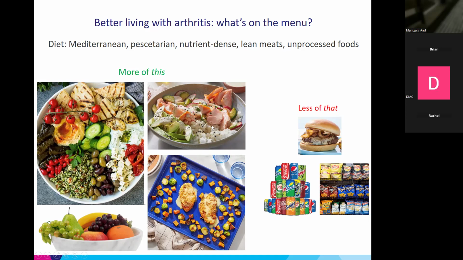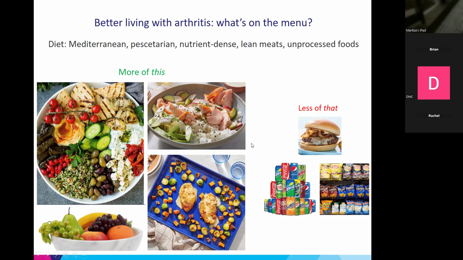Here I'm showing you some salmon with some avocado on a bed of rice. And this is a chicken breast that's been roasted in the oven with, I think, Brussels sprouts. Okay, I get it, it's not for everyone, but this is what's been found to be most helpful. And I'm hoping for more data on this to be published soon.